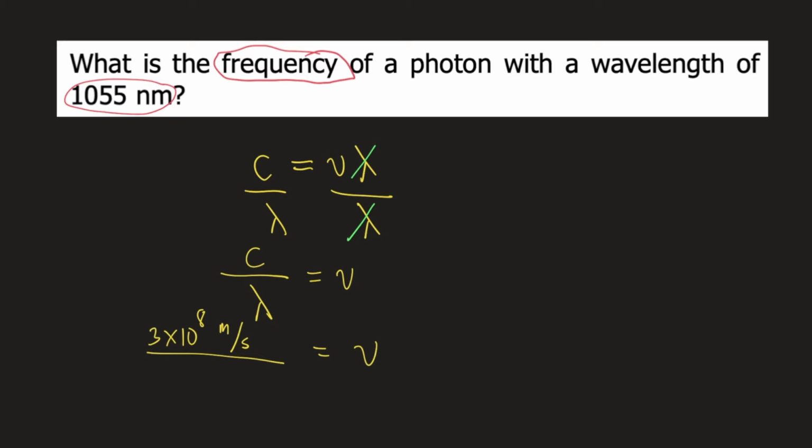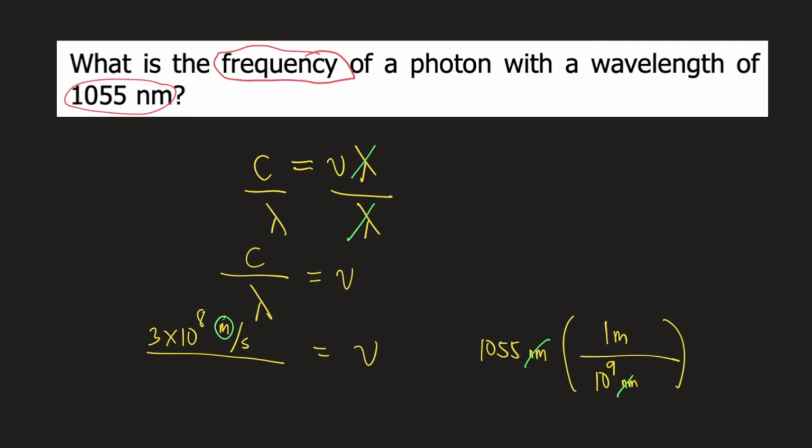But before we plug that into our equation, you need to convert nanometers to meters because the speed of light is in meters per second. So we have 1055 nanometers. 1 meter is equivalent to 1 billion nanometers, or 10 raised to 9 nanometers.